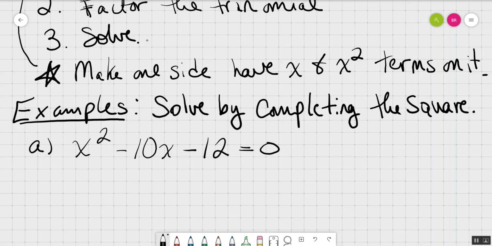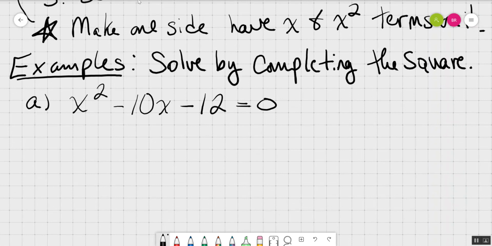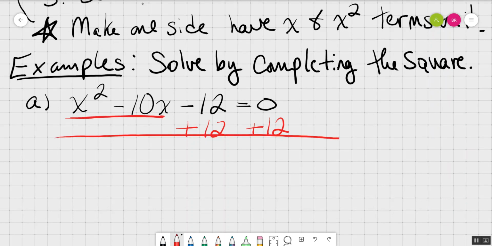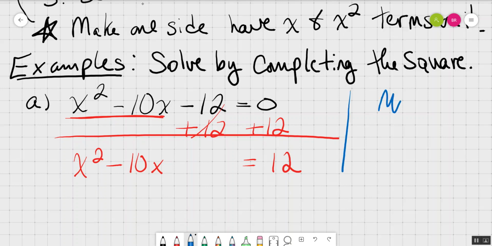So my first step is going to be to make the x and the x squared by itself. So the first thing I'm going to do is add 12 to both sides. So I just have these two alone like we had in our earlier stuff. So negative 12 plus 12 gives me 0. Those are gone. So on this side I'm going to have x squared minus 10x equals 12. And that part doesn't really matter to me. So now you need to figure out my missing value. So I'm going to do this off to the side.